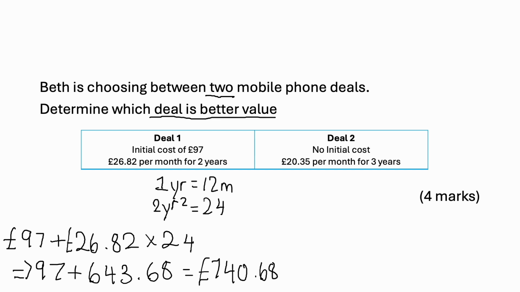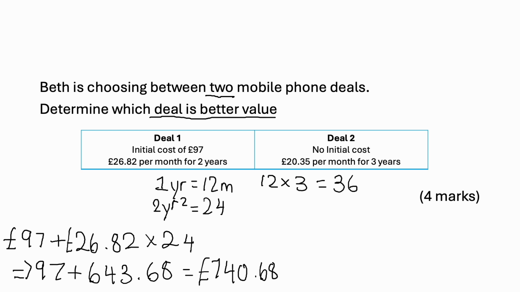Okay, now let's look at deal 2. No initial costs, but you pay £20.35 per month for 3 years. Okay, so if a year is equal to 12 months, that means we need to do 12 months times by 3, which we get as 36.